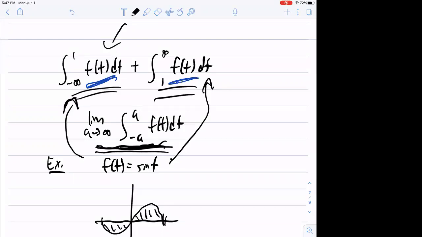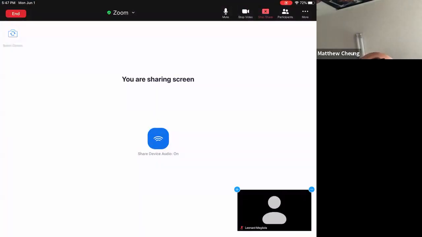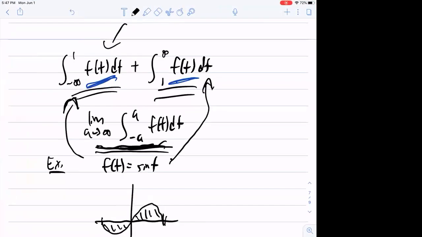So remember, for a limit you need to consider all possible ways you go to something. Part of the issue is you can go to infinity and negative infinity at different rates. Hopefully that's clear. I think that's the most important. Other than that, it's just calculus. I trust you can all do calculus.